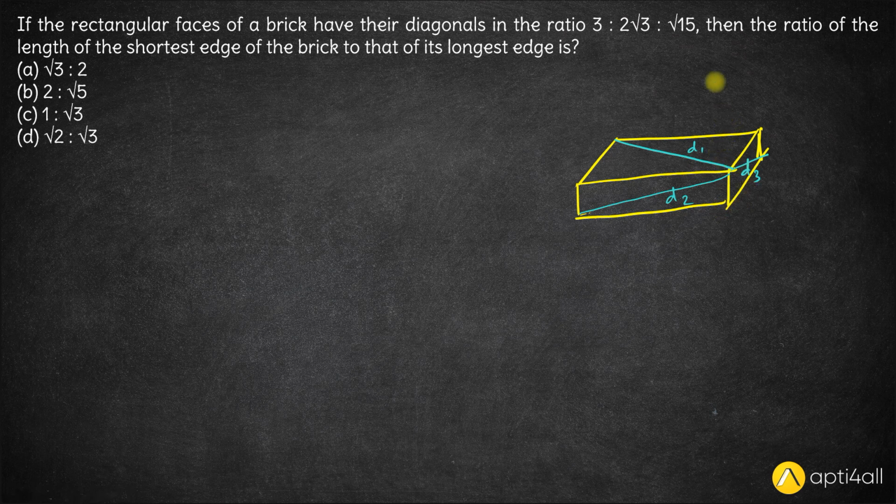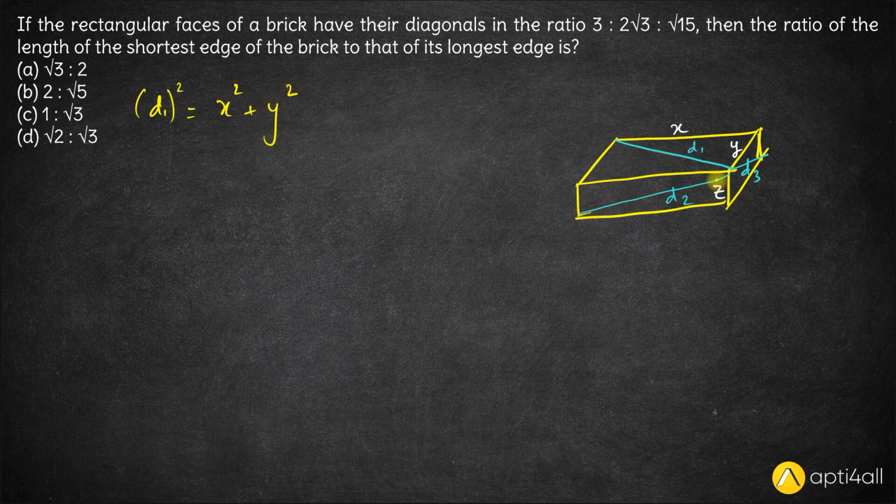Now let's say the three sides of this cuboid are x the length, y the width, and z the height. So the three diagonals that we have are D1, D2 and D3. Now if you look at this figure here, D1, x and y form a right triangle. Hence I can say the hypotenuse, which is D1 square, should be equal to x square plus y square.